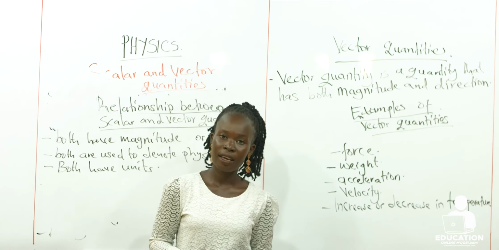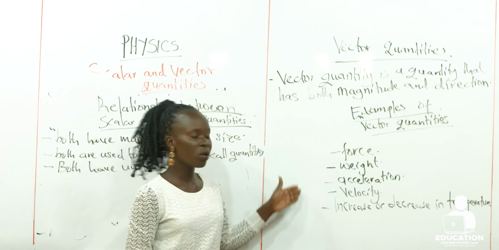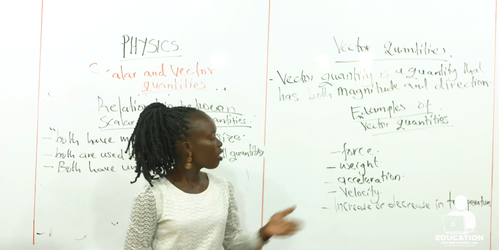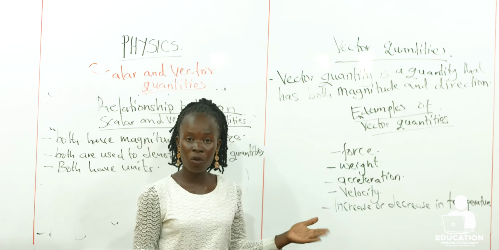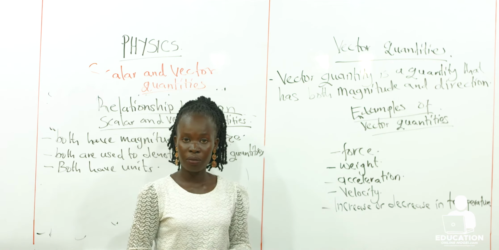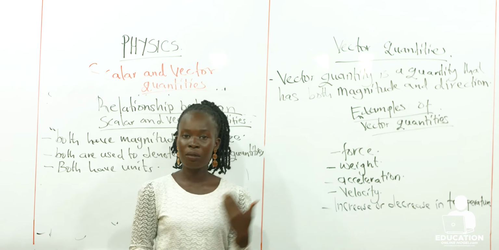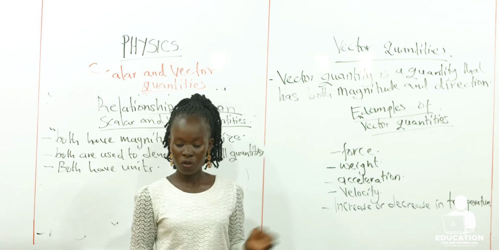It is seconds. So you see that all these other examples we listed under scalar have got units. Even all these ones have got units. Weight is measured either in grams or kilogram. So those are the similarities that the scalar and the vector quantities do have.